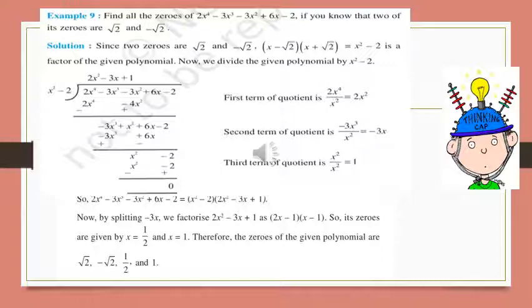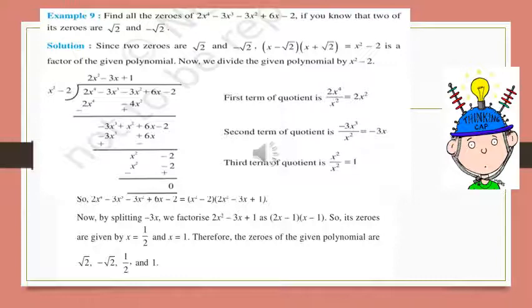And now we will divide by the long division method that we are aware of. Again I am explaining: the first term of the quotient is obtained by dividing the first term of the dividend by that of the divisor, that is 2x square. Write that 2x square first, then subtract the polynomial.